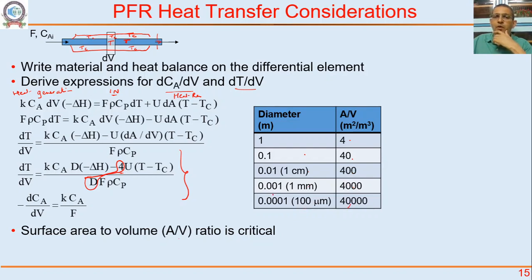Now you see how extremely exothermic reactions can be managed by increasing the surface area to volume ratio by going to smaller and smaller reactor diameters.